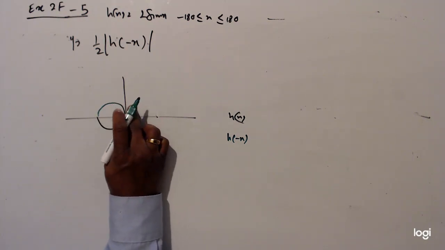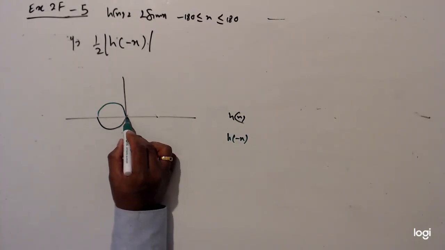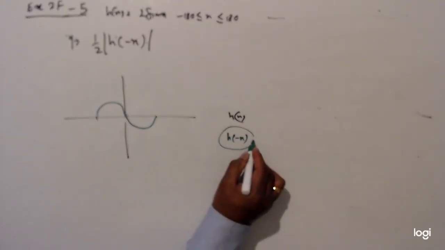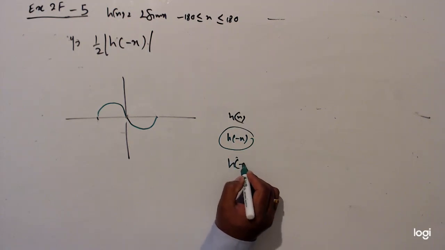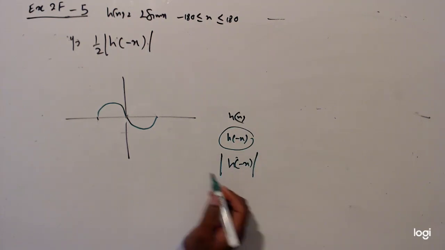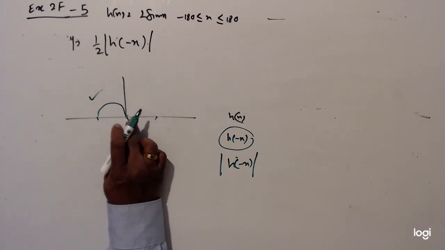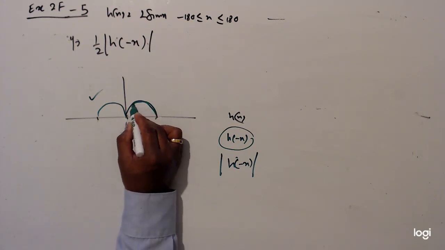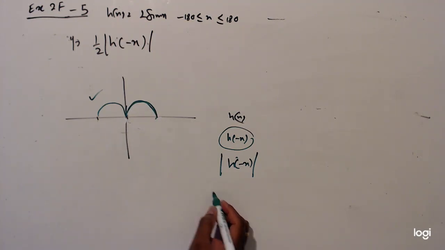Then that part is done, and the mirror reflection of this part is here. Now this is the graph. Now we want to introduce the mod value and make all y values positive. This is positive, this is y negative, so we turn it into a mirror on the x-axis. Okay, that's done. Now half.